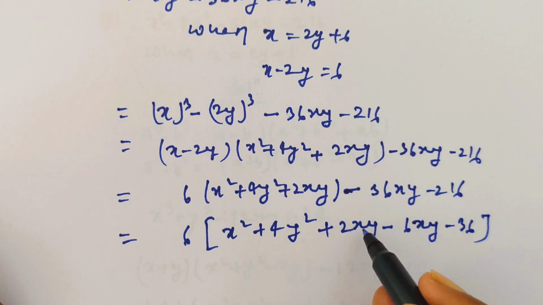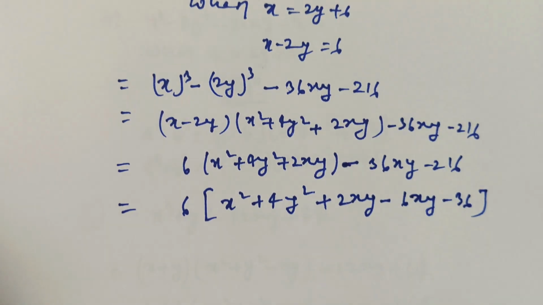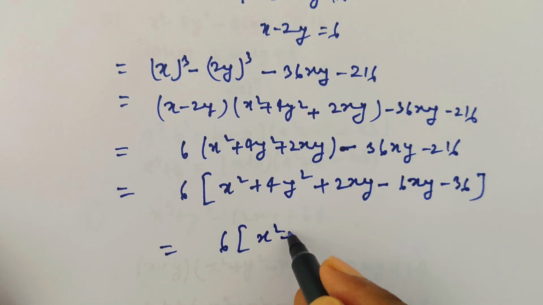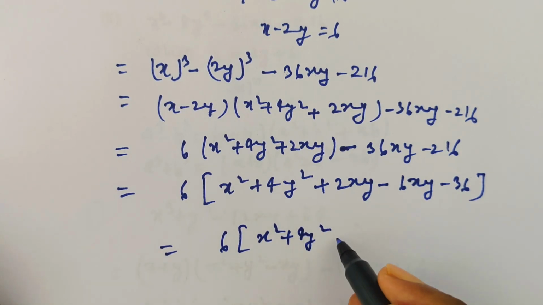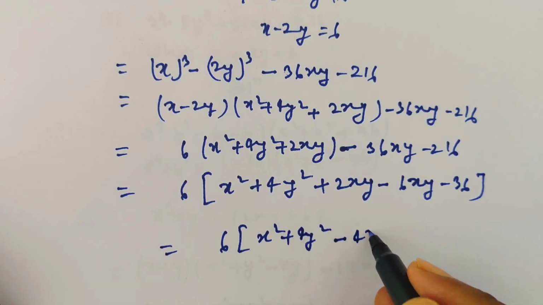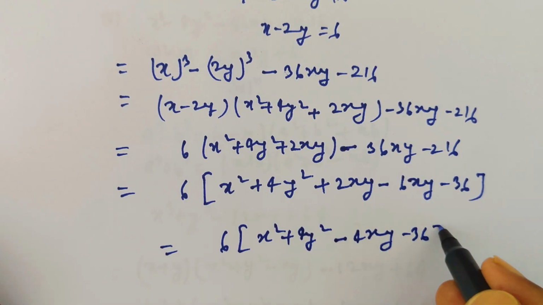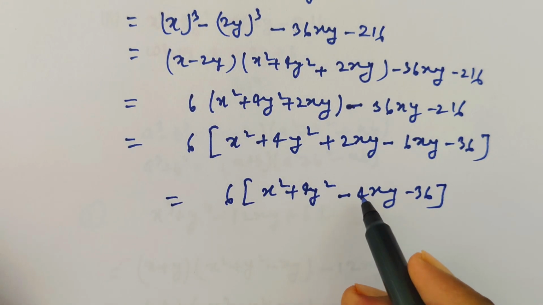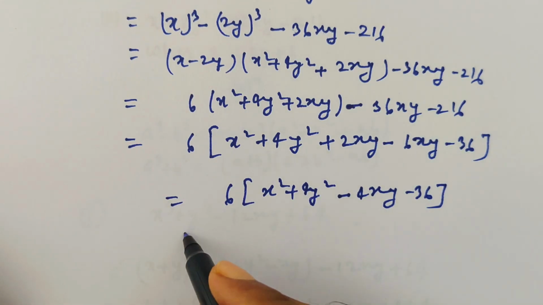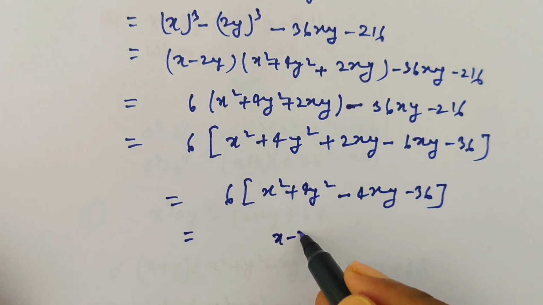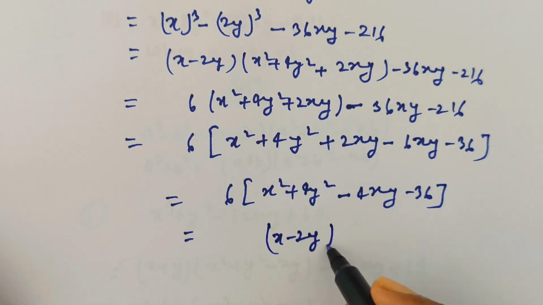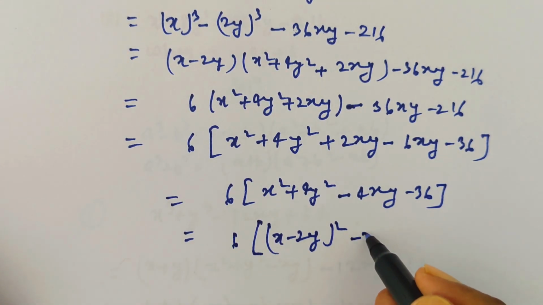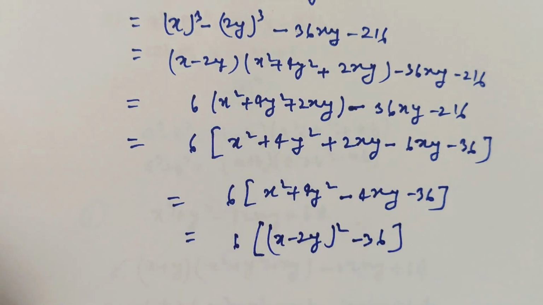Here plus 2xy and minus 6xy, so simply write 6 into x square plus 4y square minus 4xy minus 36. Again, x square plus 4y square minus 4xy is the factorization of x minus 2y whole to the power 2. Outside the brackets there is the 6, and inside there is the minus 36.